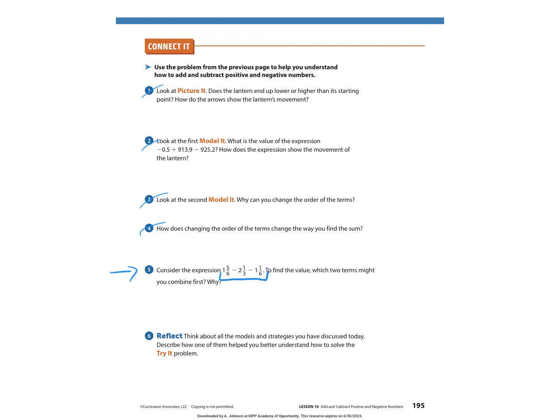There's no wrong answer to this, but like I said before, if you have multiple positive numbers or multiple negative numbers, put all those together first. So one way to start is to combine your negatives. Which two terms might you combine first? Negative 2 1/3 and negative 1 1/6, because they're both negative.